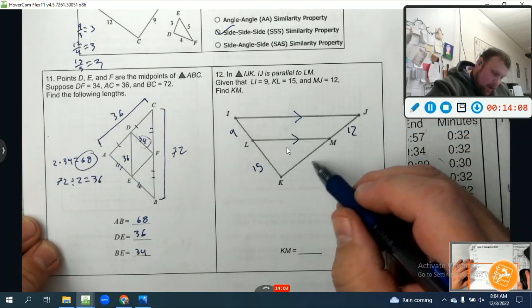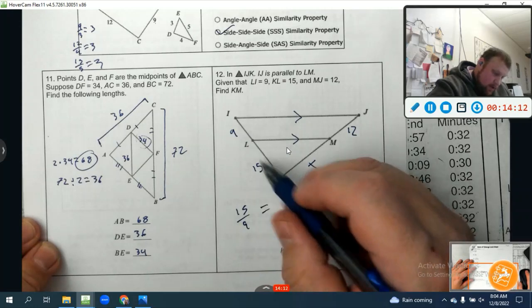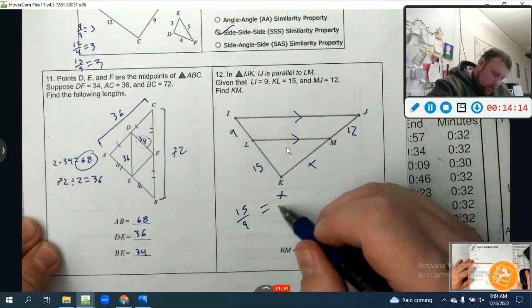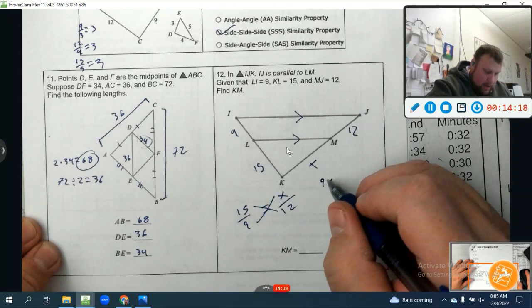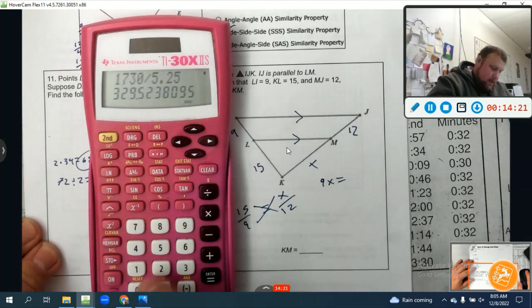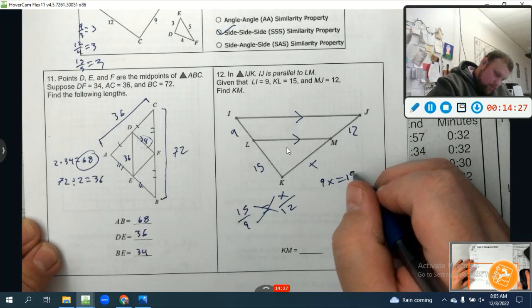Cross multiply, I get that 9X equals 180. Divide by 9, and X equals 20. So that means KM is 20.